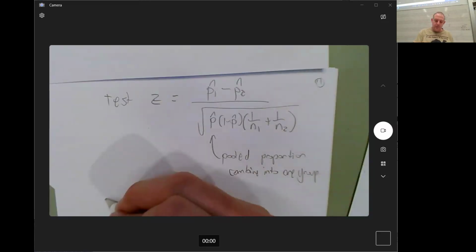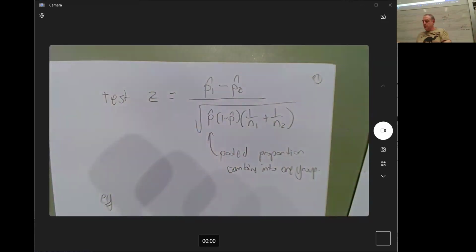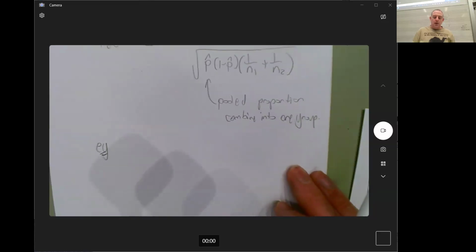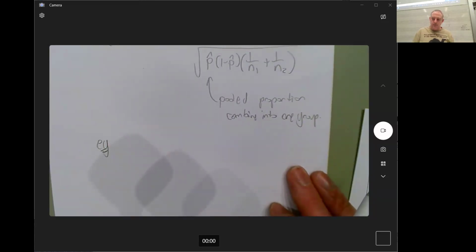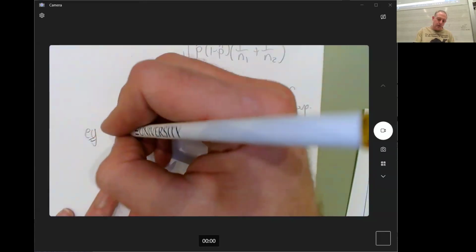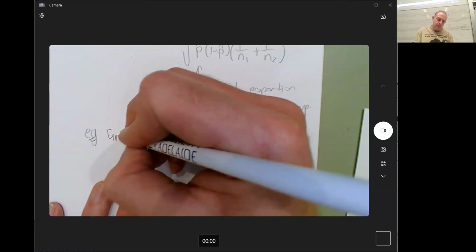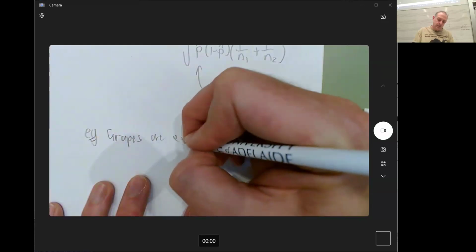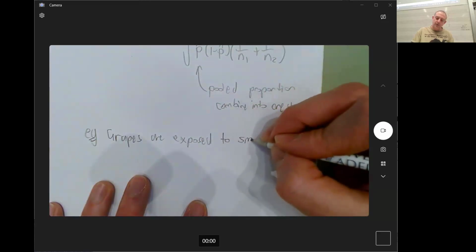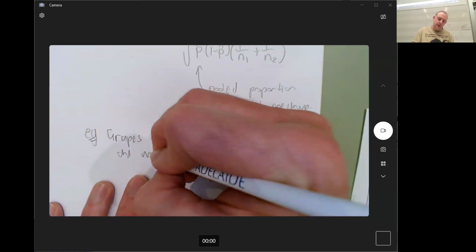So just as an example, grapes are exposed to smoke or not, and wine is produced.